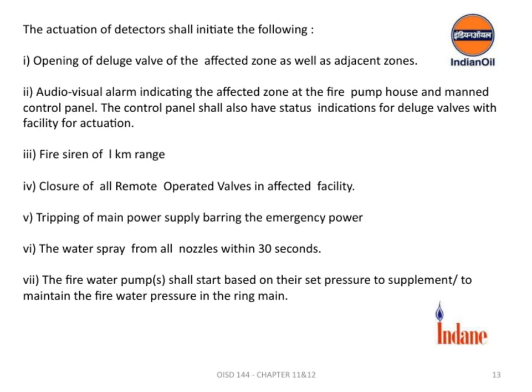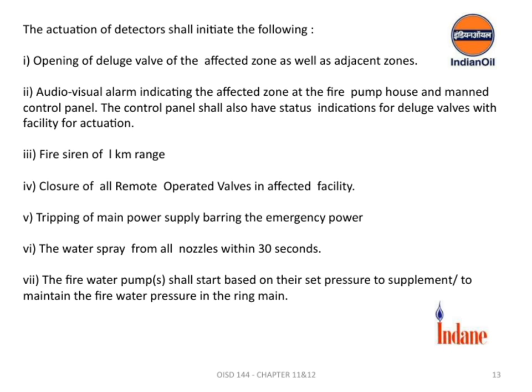Now let's look at what happens when the detectors are actuated, according to OISD 144, Chapters 11 and 12. First, the deluge valves for the affected zone, as well as the adjacent zones, will open automatically. This helps to quickly control and suppress the fire spread.